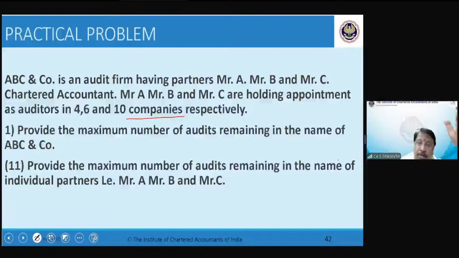That means 20 are already taken, 4 of A, 6 of B, 10 of C. So A can still take 20 minus 4, 16 companies, and C can still take 10 companies. So totally 60 minus 20, 40 companies.